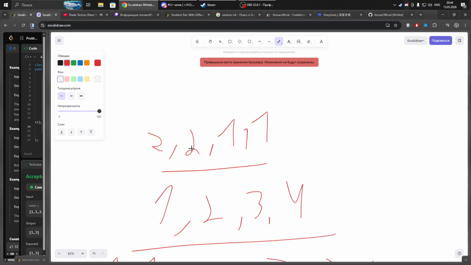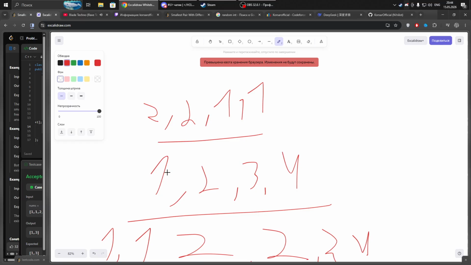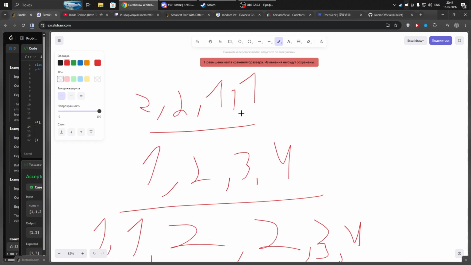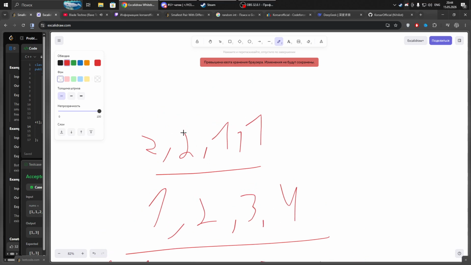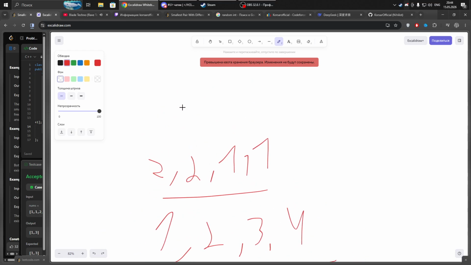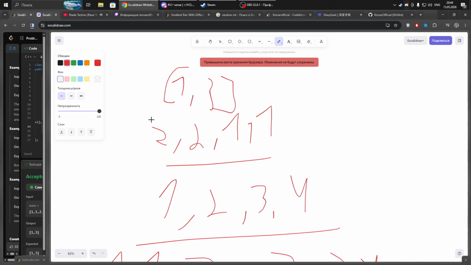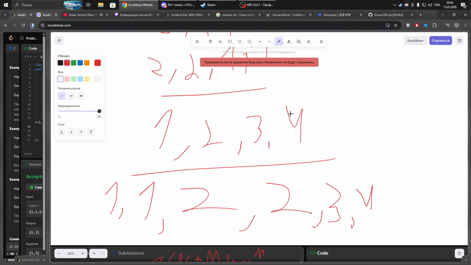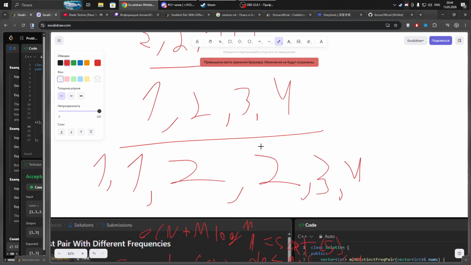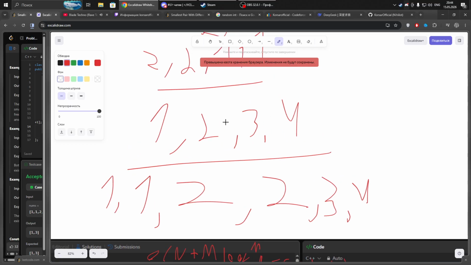So now try the smallest toy, one. Compare with two: the same count, not good. Compare with three: different count, it's good. So the answer is one, three. So how do we make it fast? We walk from the right and remember for each number where the next place to the right is where the count changes.